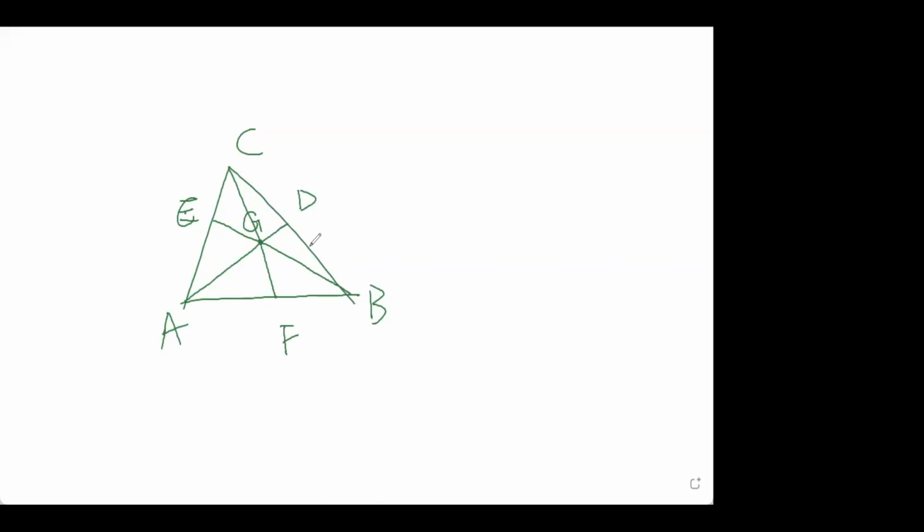So we can use the Ptolemy inequality in the quadrilateral BDGF, and this way we know that BG times DF is smaller than GF times BD plus DG times BF.